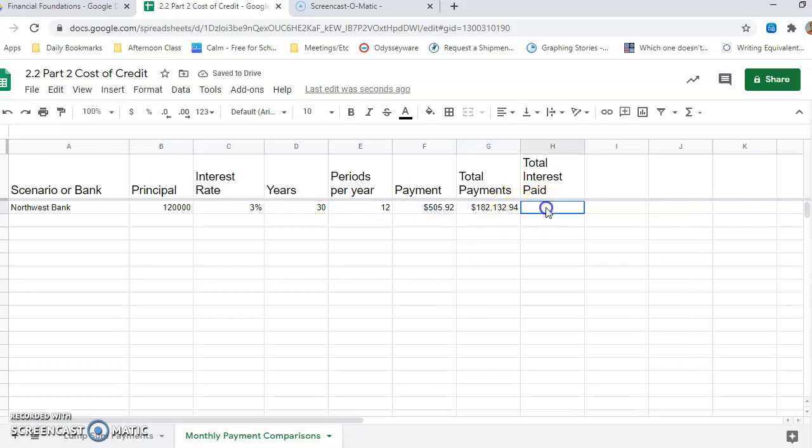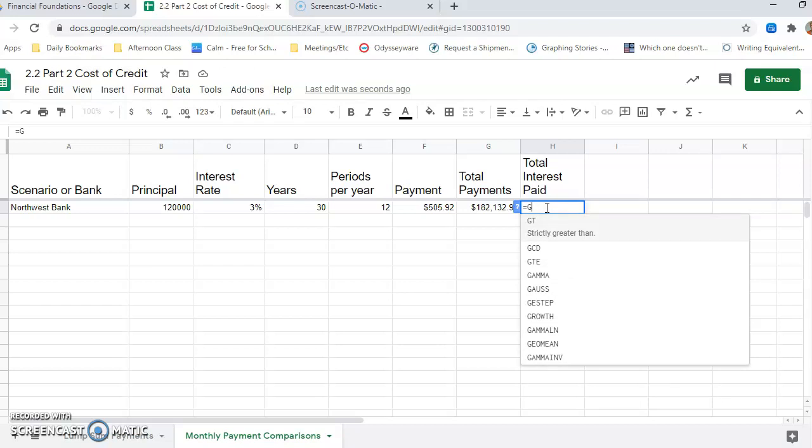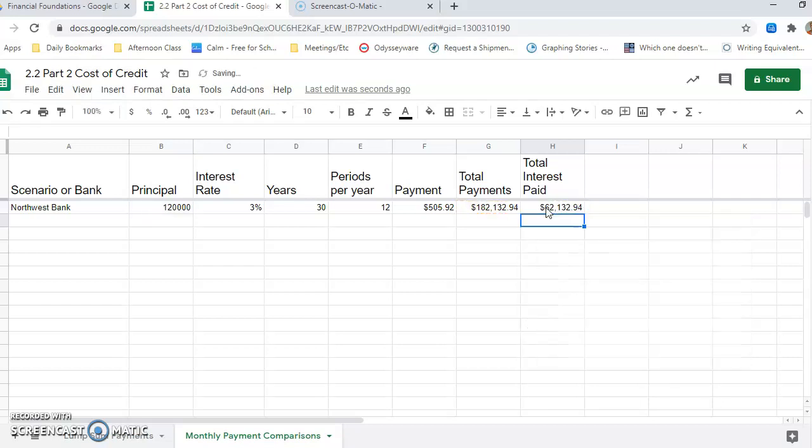And if I want to know how much interest, well, the interest would be the total of the payments minus the principal. All right, so I may make a longer recording during class, but this should get you started so that you can fill in some other situations and drag those formulas down.